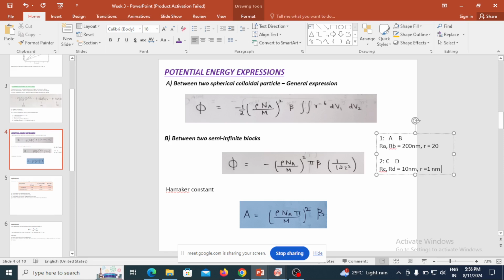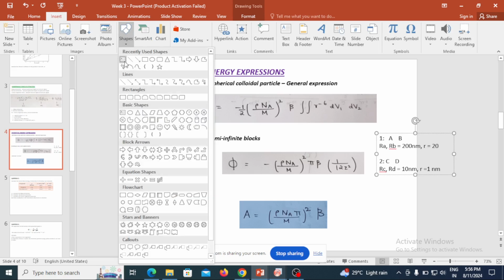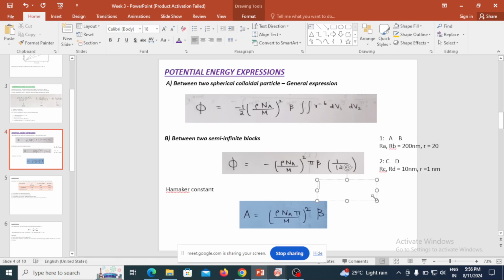So here z is nothing but the distance of separation between the two infinite blocks.